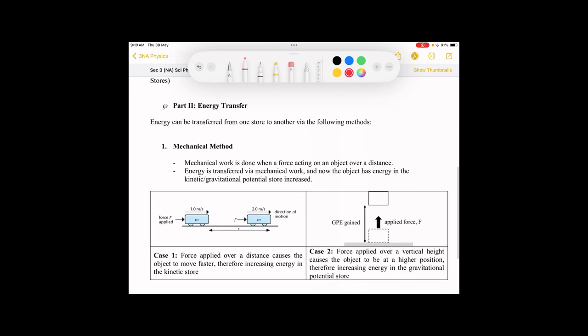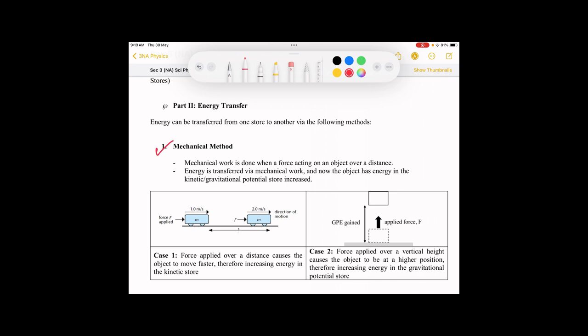Another thing new about this syllabus is that we are now focusing on the transfer of energy. There's more emphasis on the way that we transfer energy from one store to another, or from one object to another. There are four different methods that you need to know.